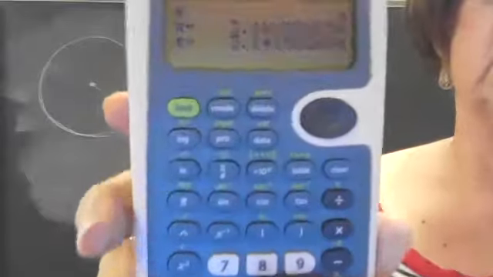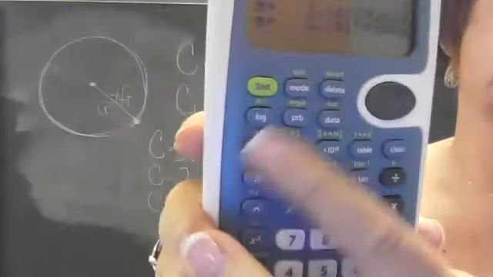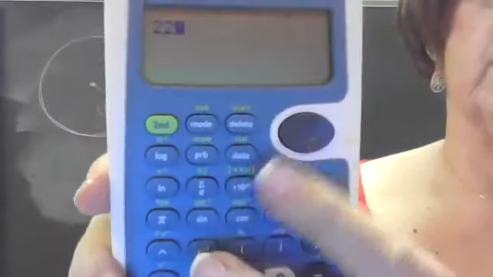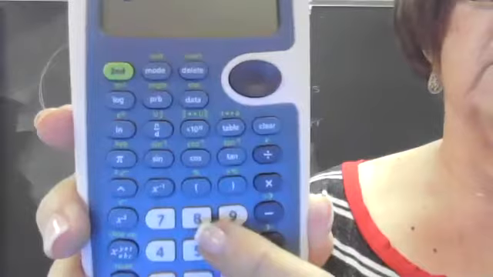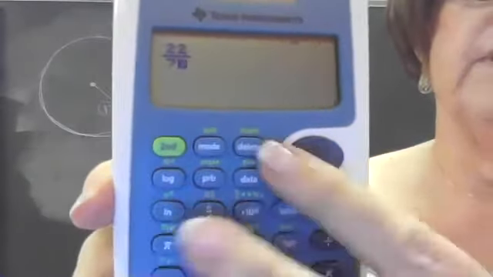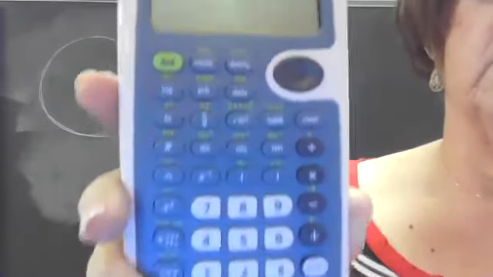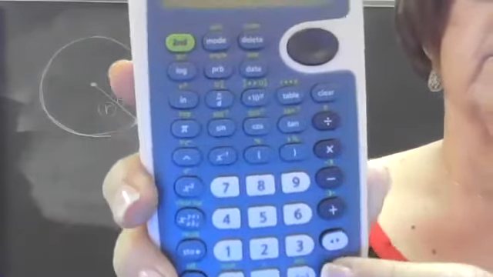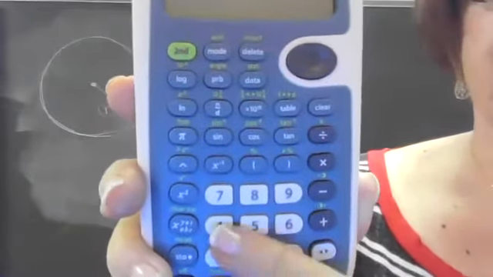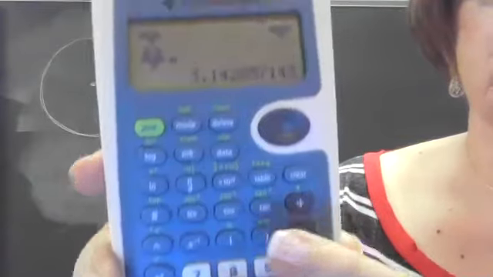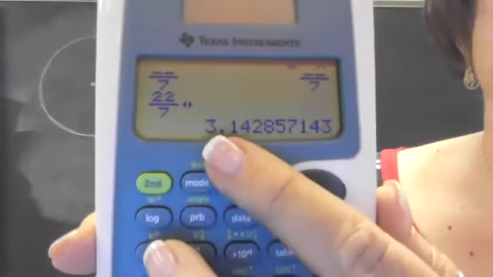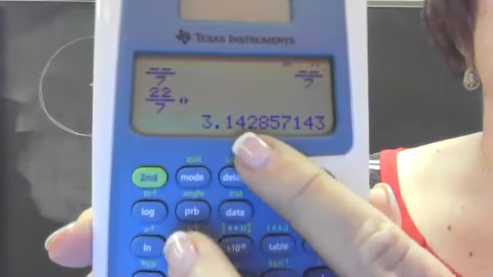If I put in 22 over 7, scoot over so I can get out of there and press enter, it will give me 22 over 7, which is kind of silly. And then I use the toggle button. Look at that. It still gives you very close to the pi button, 3.14.